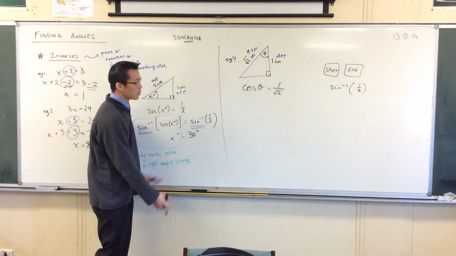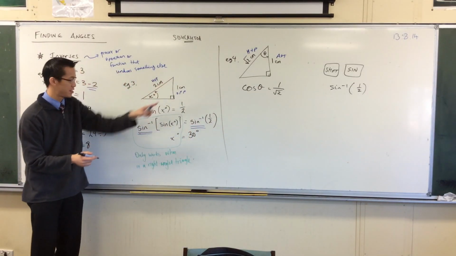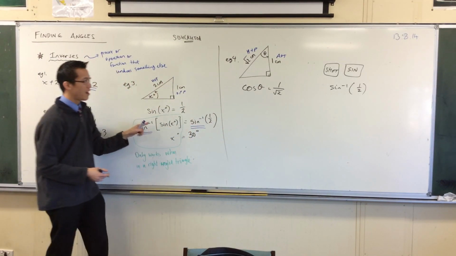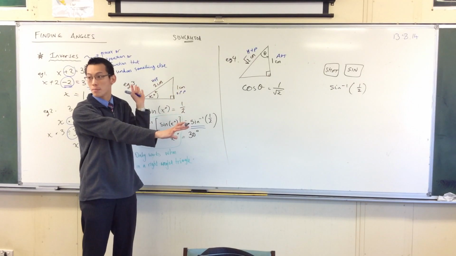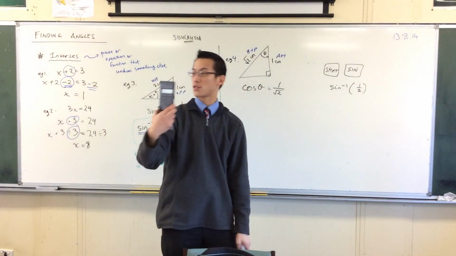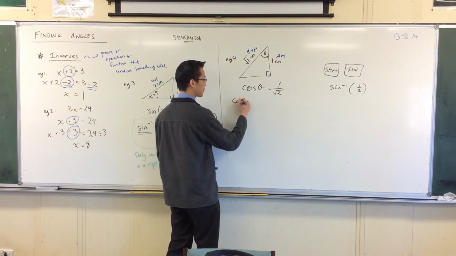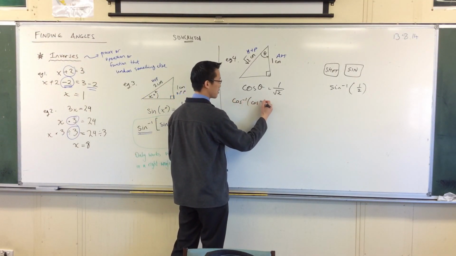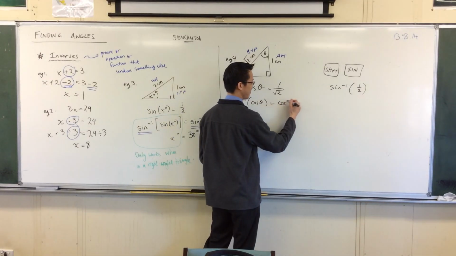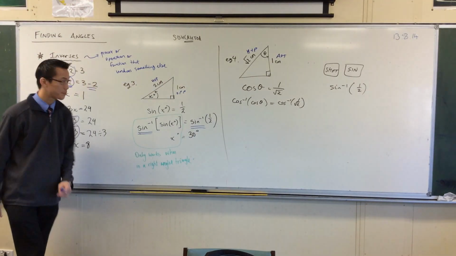Okay. So now I want to get rid of the cos just like I got rid of the sine here. I'm going to do cos inverse to both sides. And just like we did shift sine before, you can do shift cos, and that'll take you to cos inverse. Okay? So I'll write this. Cos inverse, like so.